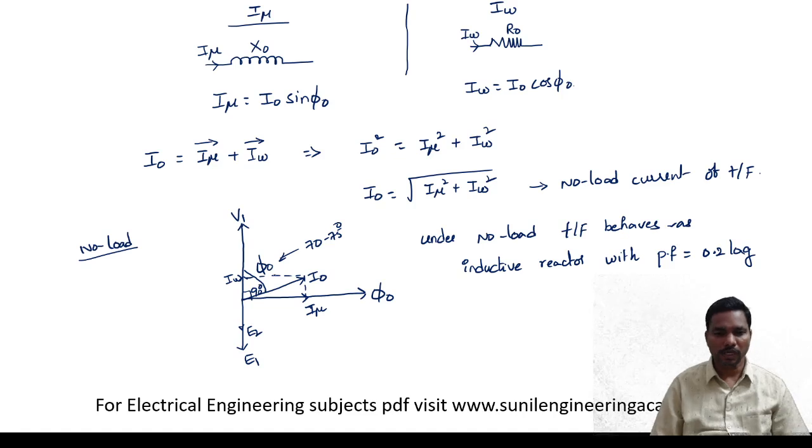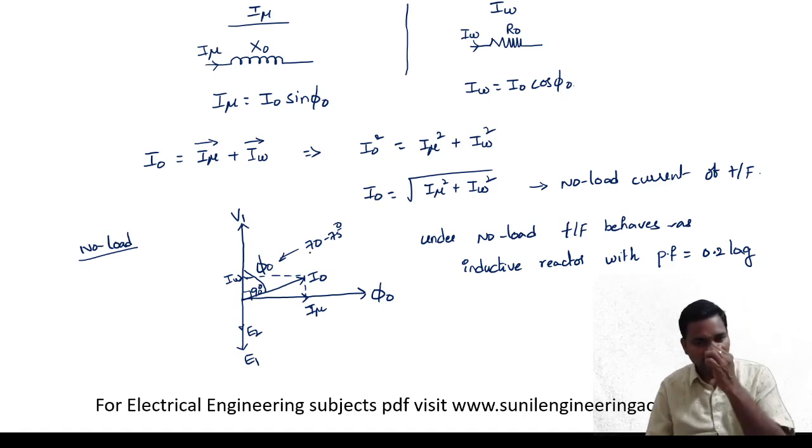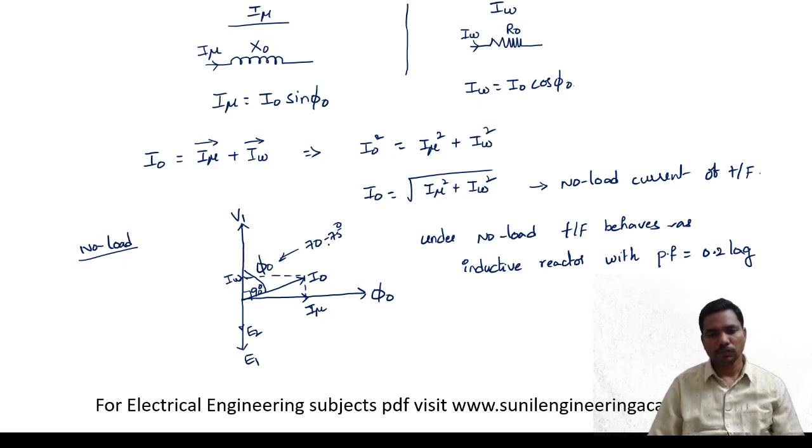Here phi naught is nearly 70 to 75 degrees. So cos 70 to 75. We know cos 60 is 1 by 2, and cos 90 is equal to 0. So it is between 0 and 0.5, maybe 0.2 or 0.25. Very, very low power factor. The very important point here: under no load, the power factor is very low, 0.2 lagging or 0.25.